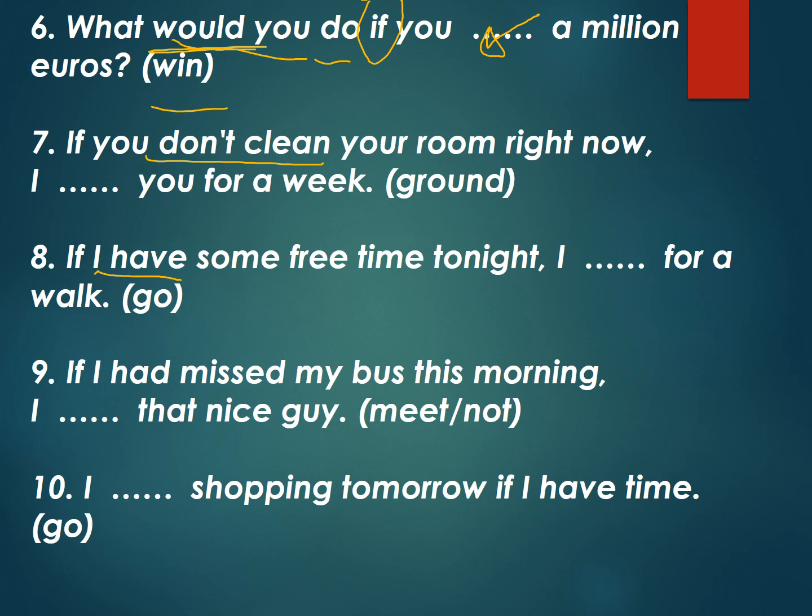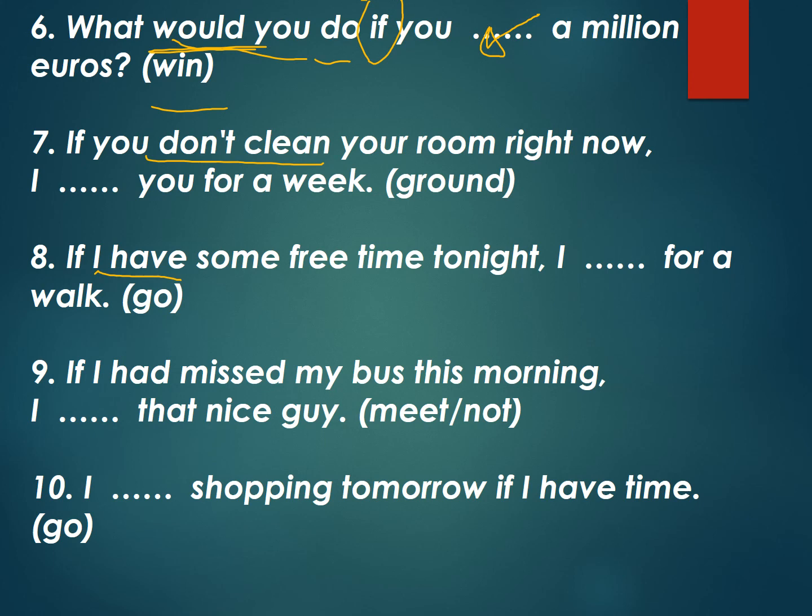Then again, I should think of two types, zero conditional and first conditional. If I have some free time tonight, I go for a walk. Specific or general situation? Specific situation, of course. So will it be zero conditional or first conditional?